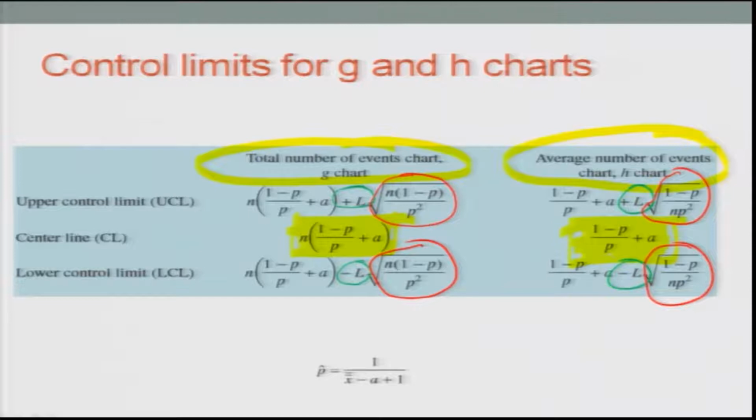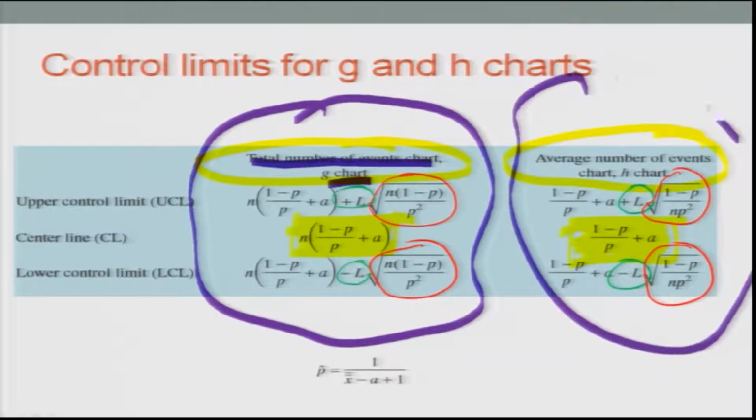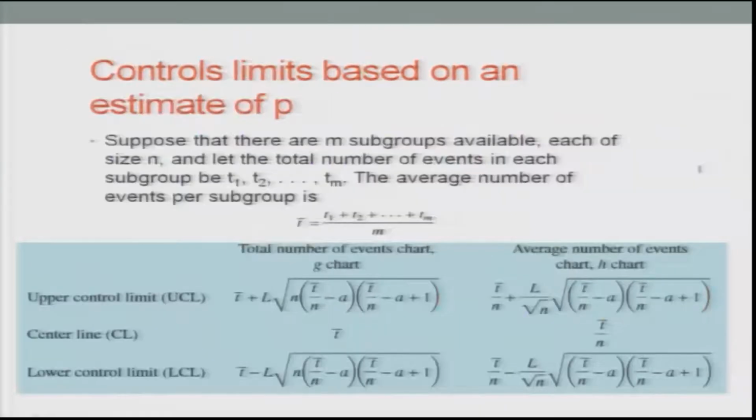So, the a value which you already know and has been calculated can be utilized accordingly. So, this calculation would be used when the total number of events is given, which is the G chart, and this would be used for the case when the average number of events is given, which is the H chart. That was the G chart, this is the H chart.